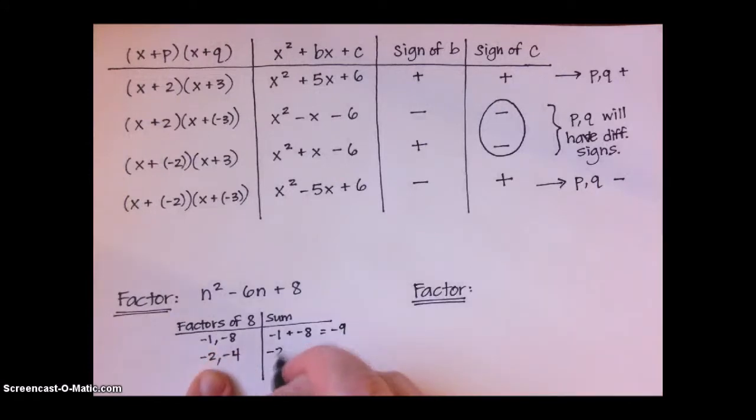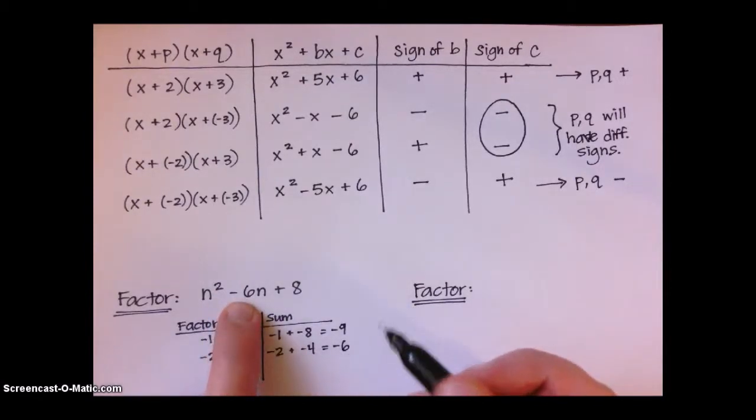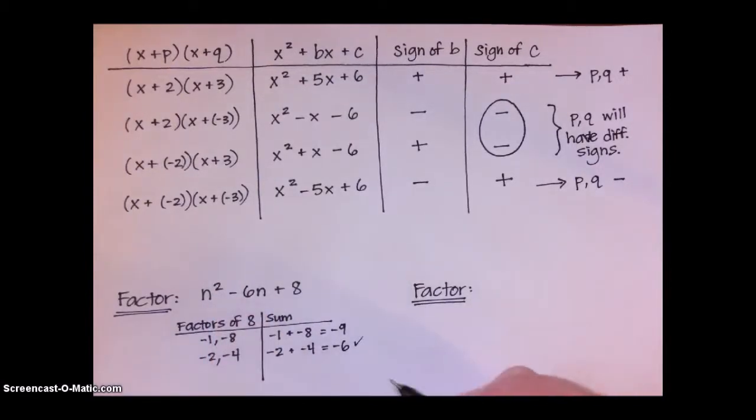But negative 2 plus negative 4 equals negative 6. And that's what I'm looking for, my b of negative 6. So I have found that if I was going to factor this out, it would be n minus 2 times n minus 4. I would use those factors to fill in, and I'm done.